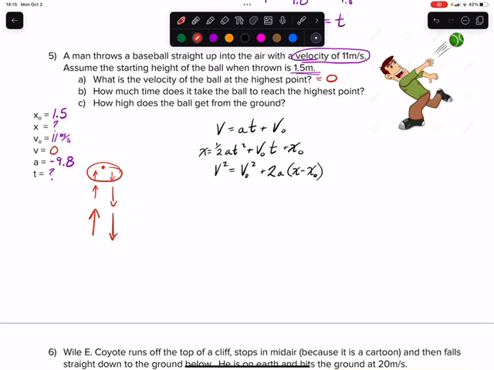And then for the next one, it says, how much time does it take the ball to reach the highest point? So we have to have time in our equation, otherwise we're not going to be able to solve it. And then we're going to go through the stuff we do have and highlight it. So we have our starting position. We have our starting velocity. We know the velocity at the top.